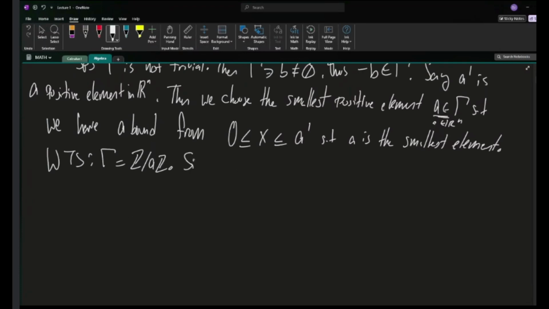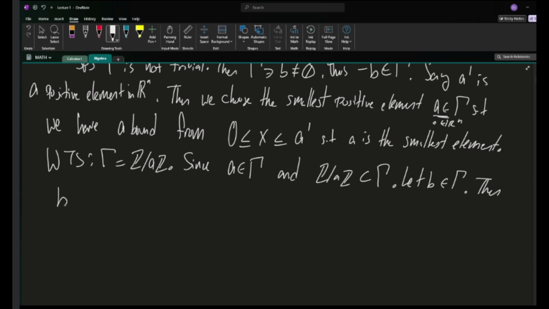Alright. So, since we've established that A is within gamma, and gamma itself is also a group, and ZAZ is a subgroup of gamma, what we're trying to show is that gamma is also a subgroup of ZAZ. So let B be an element of gamma. Then B is equal to RA.